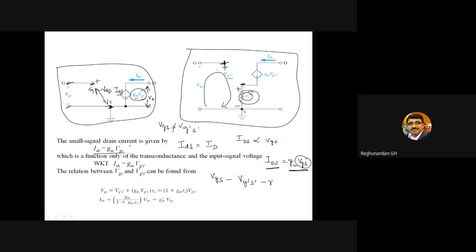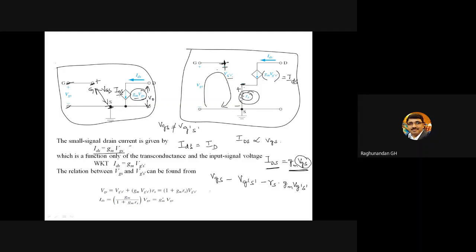So minus RS, and what is the current flowing through RS? GM VG dash S dash, which is nothing but IDS. So we can write IDS or GM VG dash S dash.